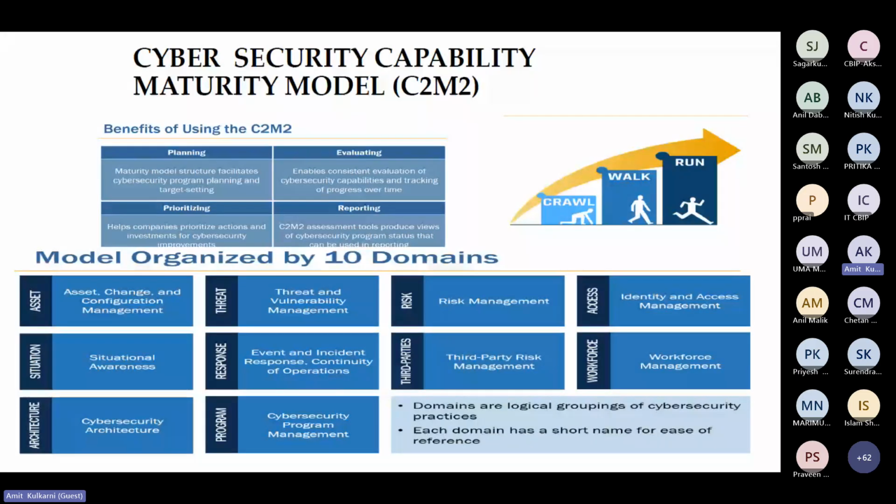Then what security program we have and its management, risk management, and most importantly third party risk management, like whatever third party systems, vendors, etc. we have in our system, and how to manage the risk coming out of it.